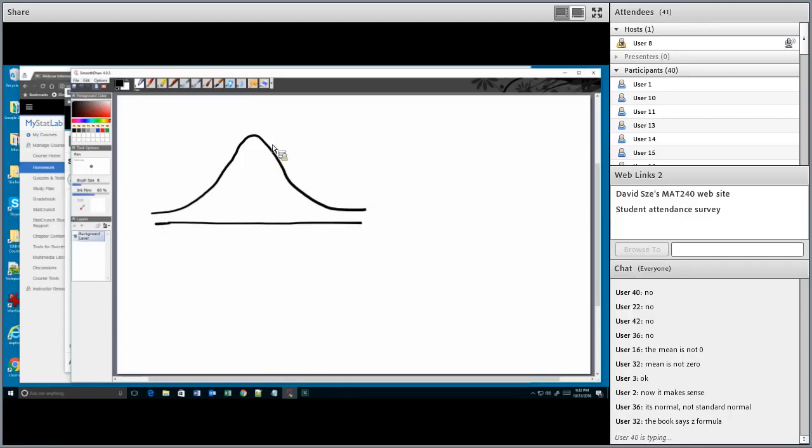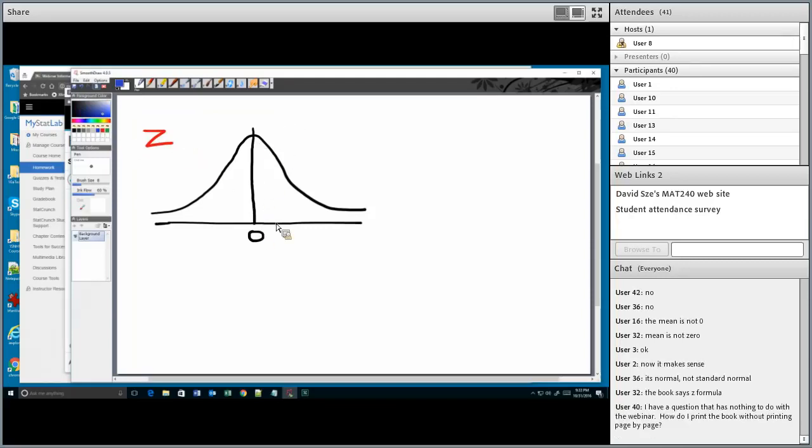So naturally, I want to draw a better center this time. So this is a Z distribution, okay? Here's 0. The center is 0, and I'm saying that this is a normal distribution, okay? Now let me ask you a question.